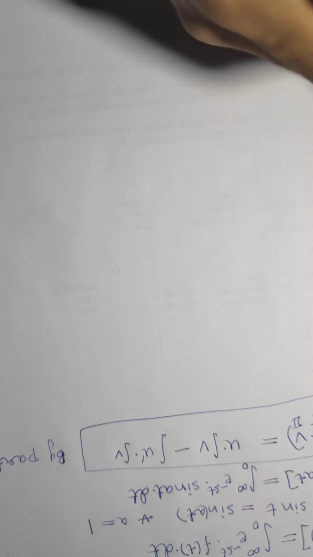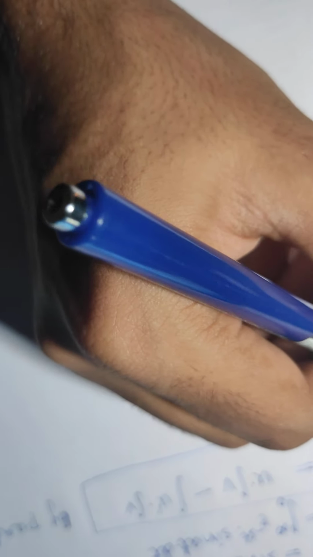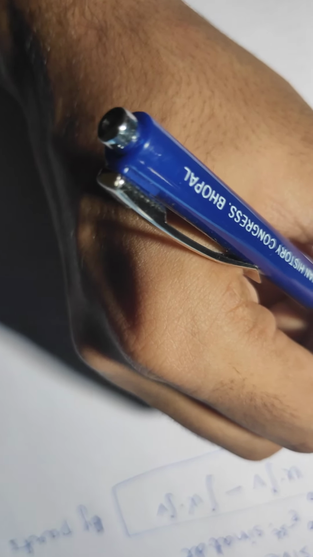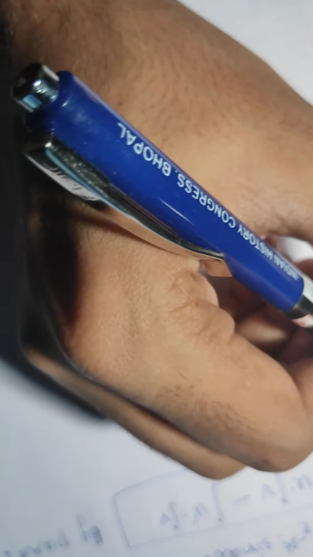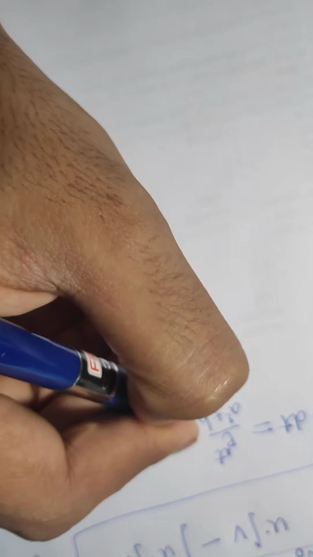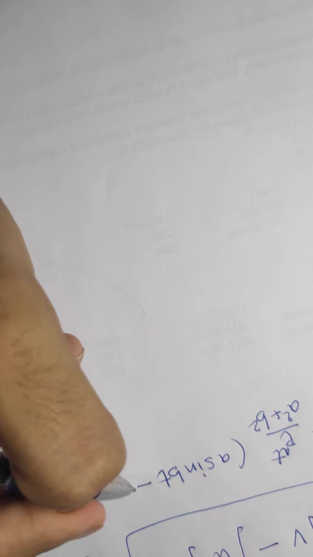One of the shortcuts that we might be able to use here is that when we're integrating the product of an exponential function, let's say e to the power at, and a trigonometric function, let's say sine bt dt, we use the shortcut identity e to the power at upon a square plus b square, into a sine bt minus b cos bt.